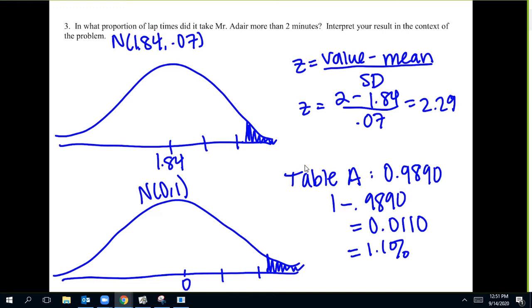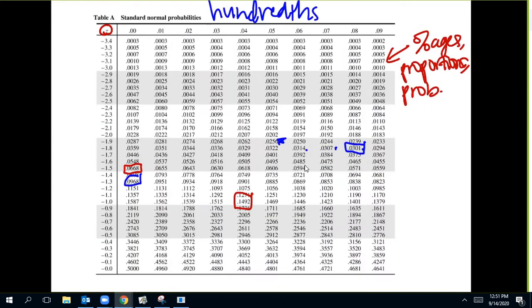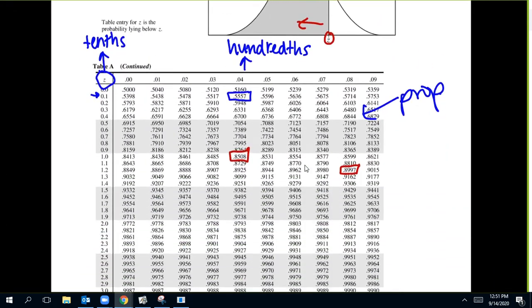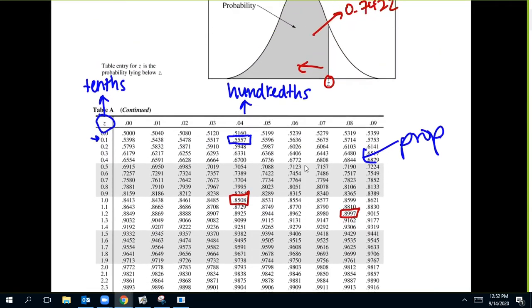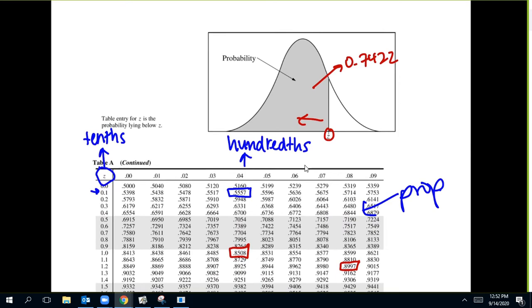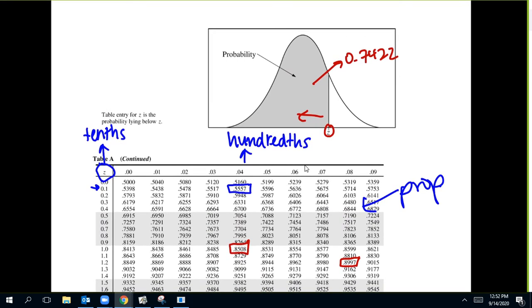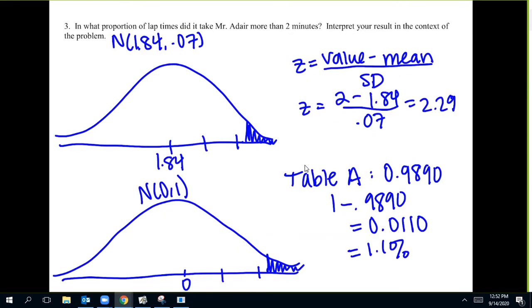Notice on this one, I got 0.9890 in table A, and that's because when I looked at 2.29, that is 2.29, 0.9890, but remember that is always area to the left. And this question in particular was asking for more than 2 minutes. And so anytime it's more than, you're going to subtract your answer from 1 after you use the table.